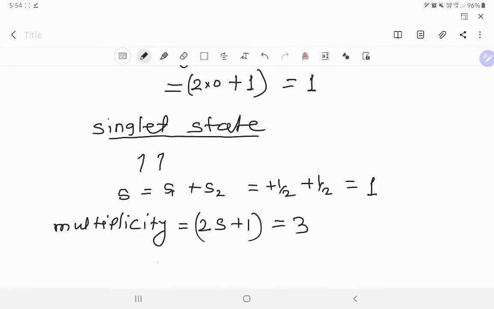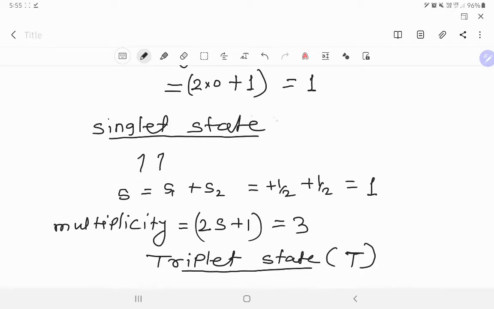It is called a triplet state, denoted by T. The singlet state is denoted by bold S. Total spin is different and this singlet state is different.